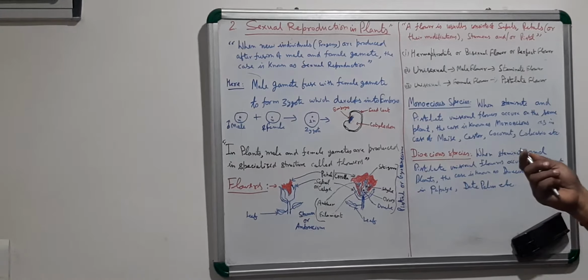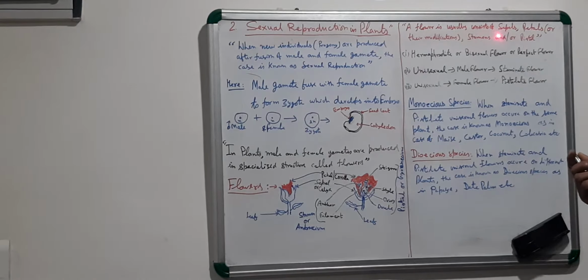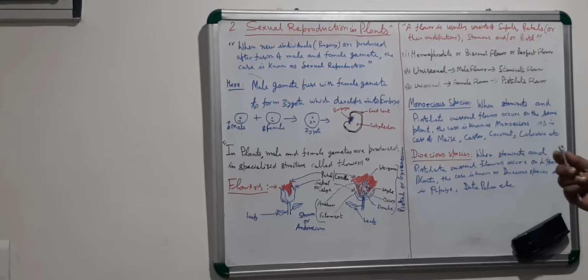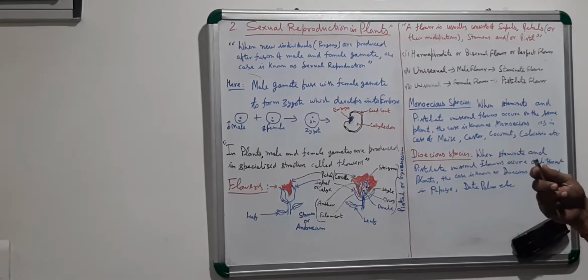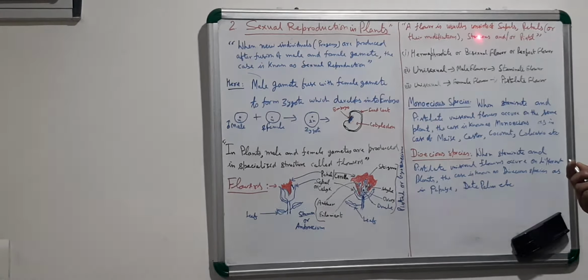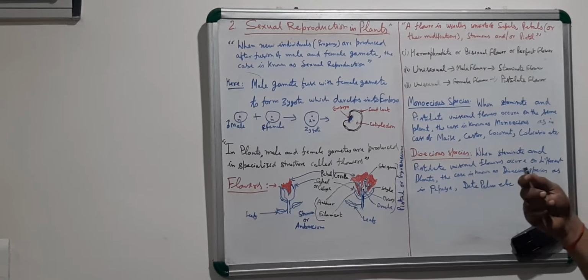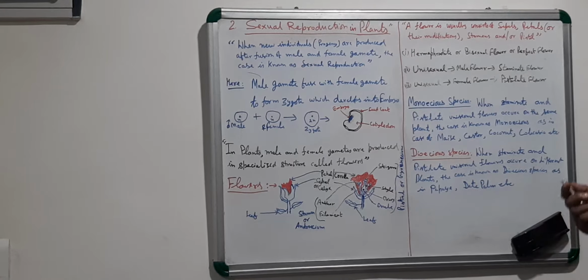A flower usually consists of sepals, petals, or their modified forms in different crops, plants and species, plus the stamen, the pistil, or both.